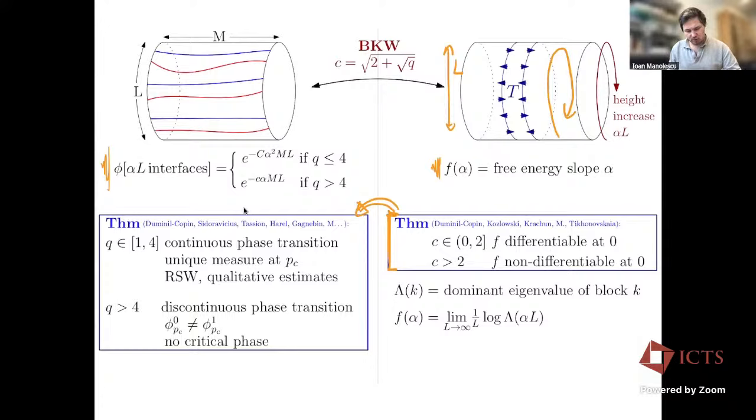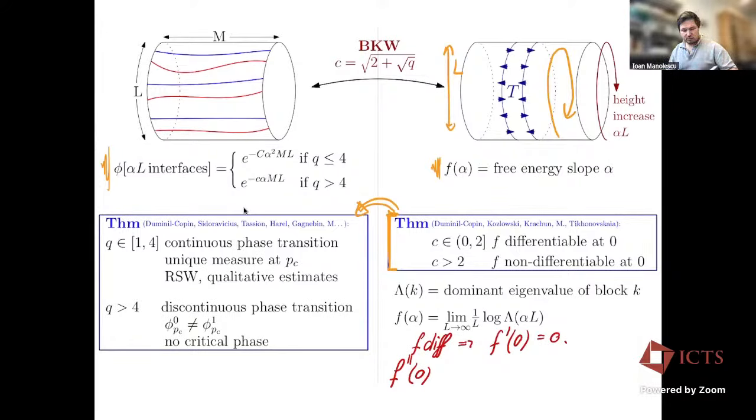I said last week that f second of 0, in the case where f is differentiable, due to parity, you have that f prime of 0 is equal to 0, but what is more interesting is f second of 0.